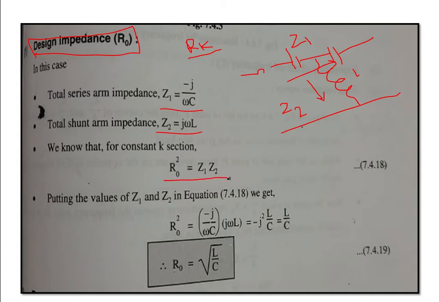Then whatever the total series arm impedance and shunt arm impedance are, Z1 and Z2, will be substituted in this equation.